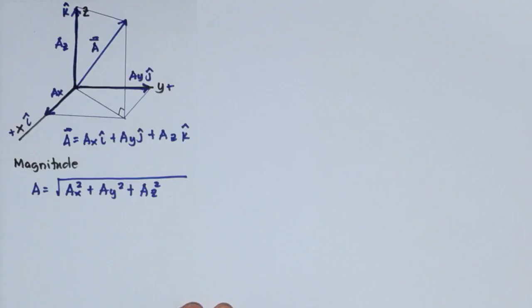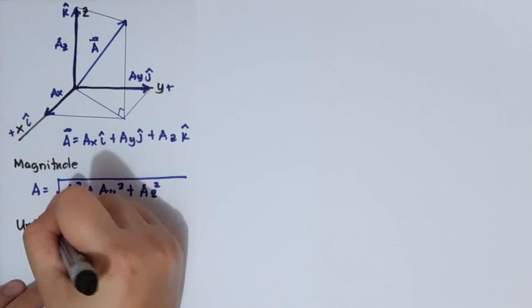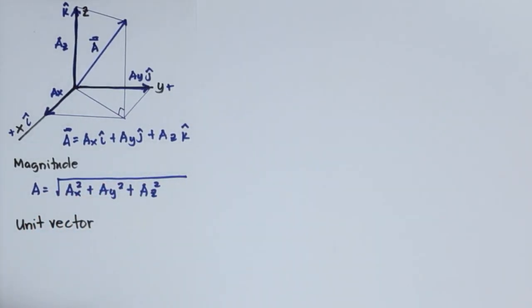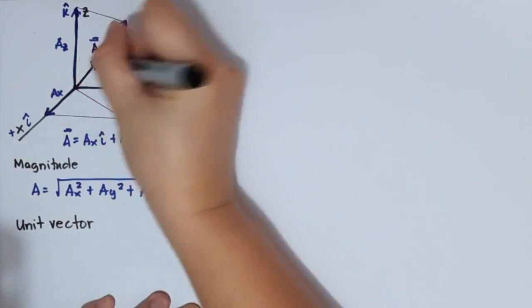So other than magnitude, we can also find out the unit vector of this vector A. And we have to remember our vector A is pointing in a direction which is the same as our unit vector.